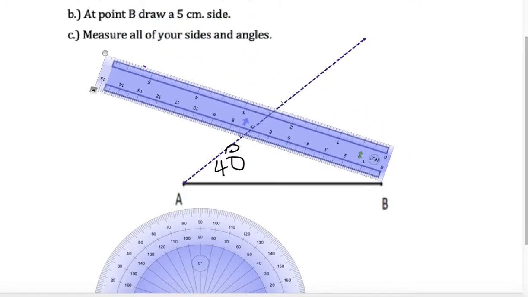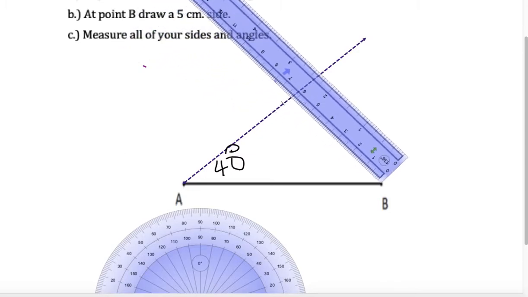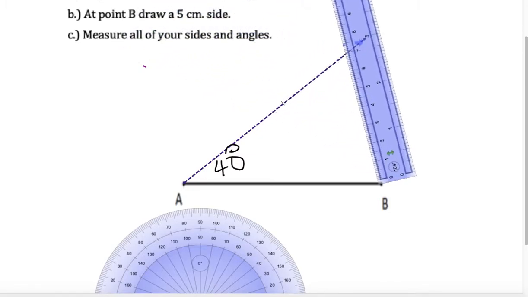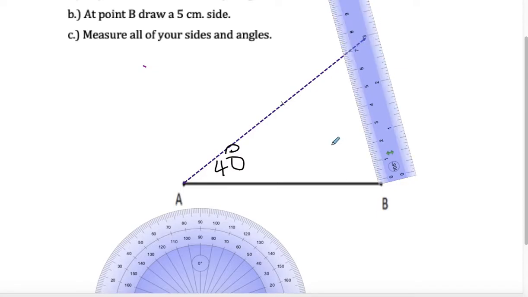You might be able to hit right here. You might be able to create 5 centimeters somewhere up here. Okay, so I want you to create one triangle.